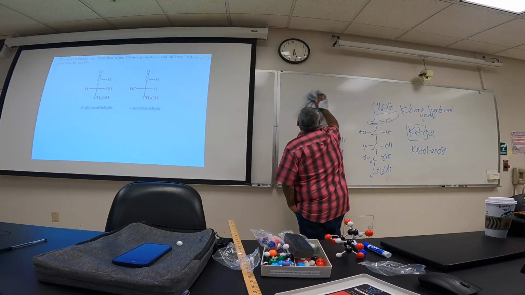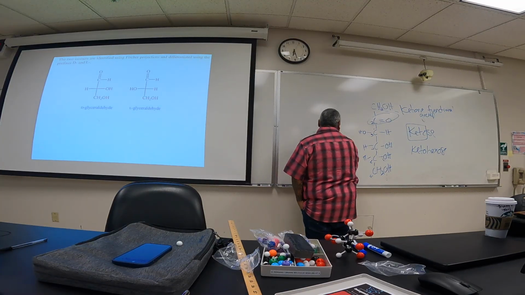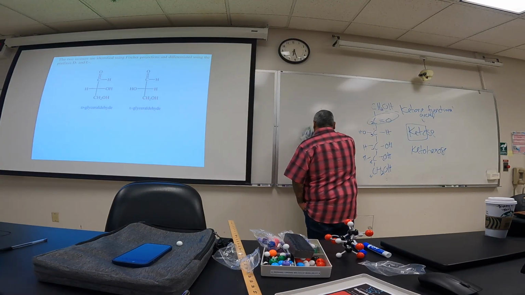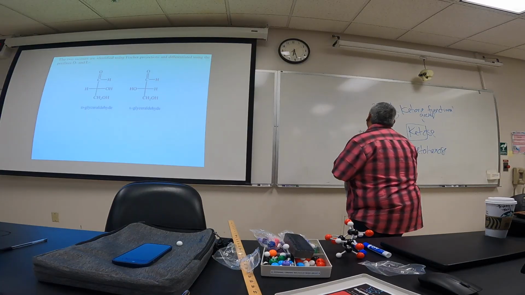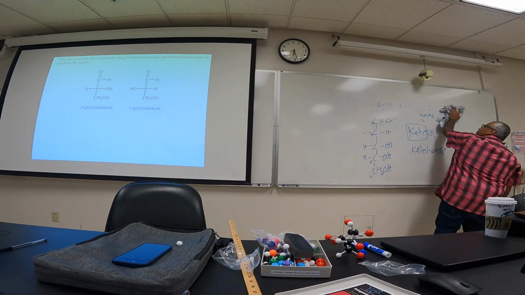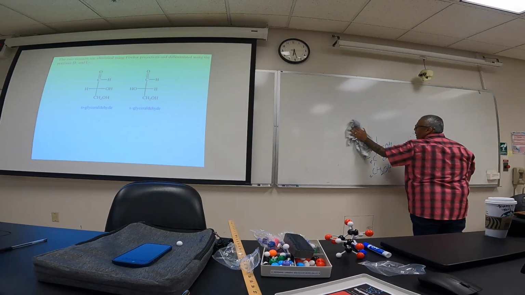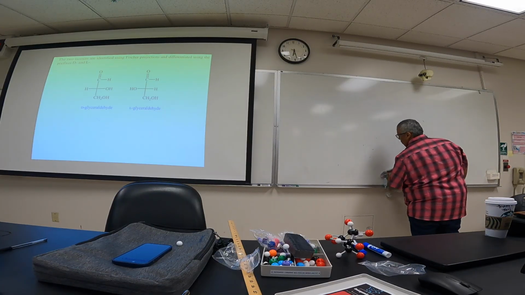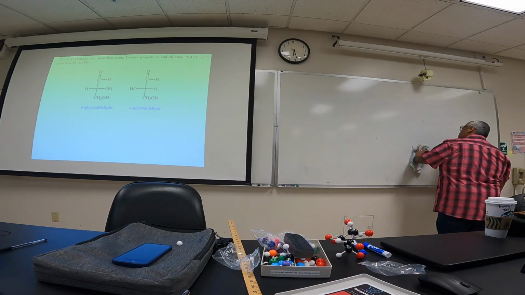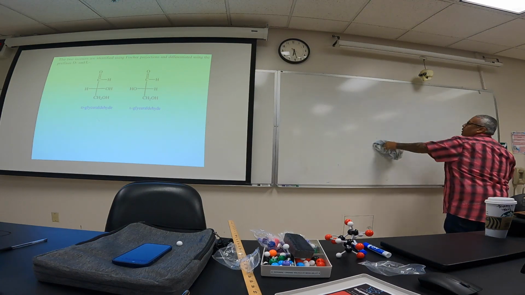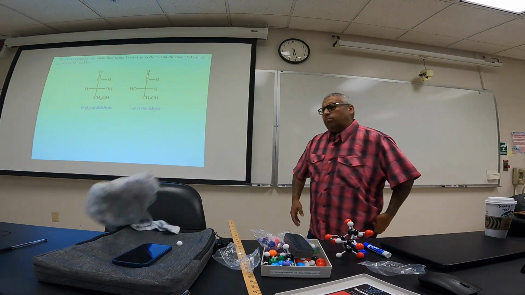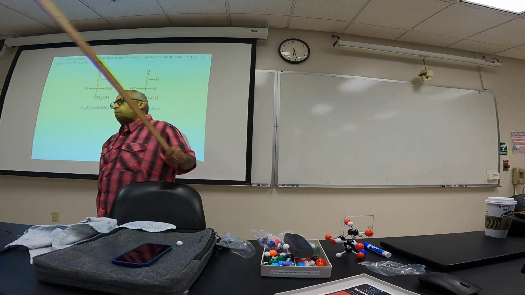Now, these sugars give us other isomers. Some of these isomers are what we call D and L isomers. And we do have to be able to identify which isomer we have.